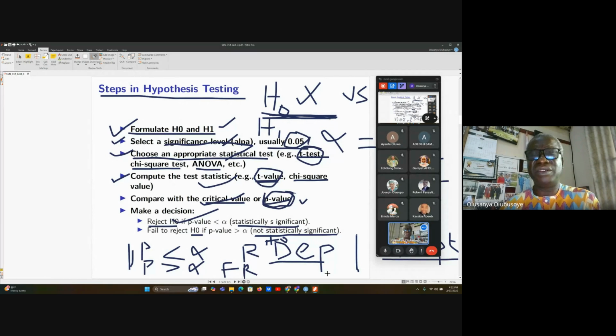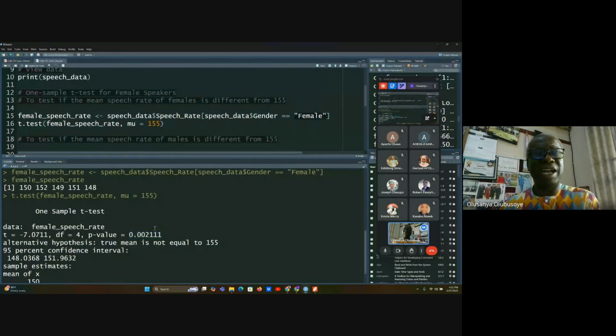And remember, our alpha value is 0.05. And this p-value is so small, smaller than the alpha value.